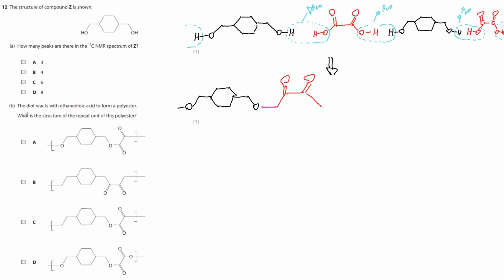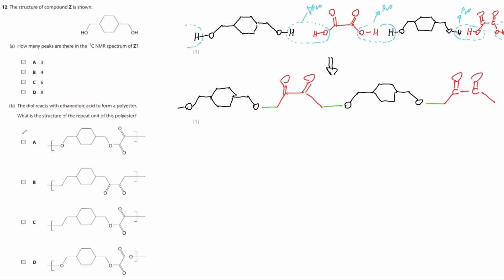I'll use a green color for linking bond because otherwise it's very hard to distinguish the colors. Okay, you can see clearly. And it's linked to this oxygen again. Again, we'll link them together. Again, carbonyl group, another carbonyl group, and the bond.